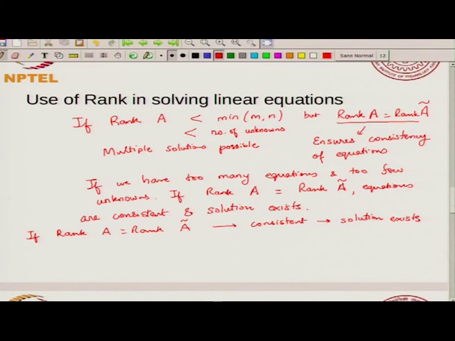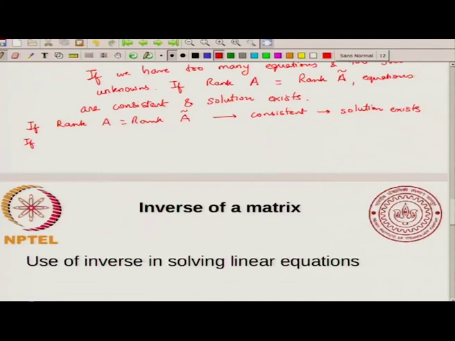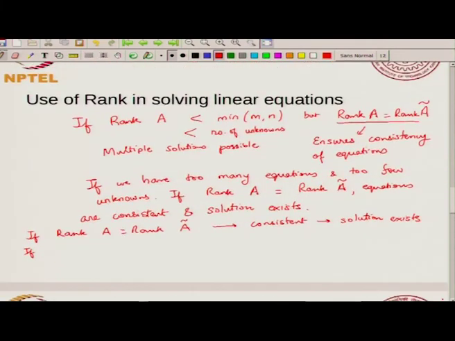Now if m is less than n, then more than one solution exists.